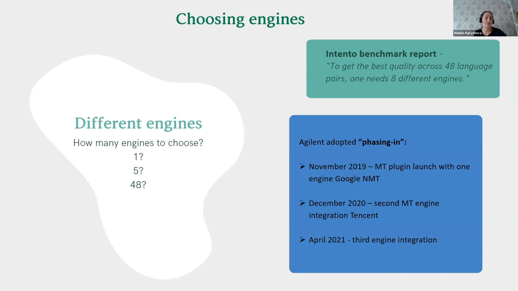So we adopted so-called phasing in and started with one engine, Google NMT, in the beginning of the project as the best performing engine for a bigger number of language pairs at that moment. Then we added Tencent for English to Chinese in December last year, and we'll onboard the third one in April for the English to Japanese language pair.